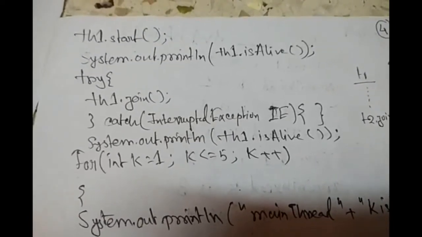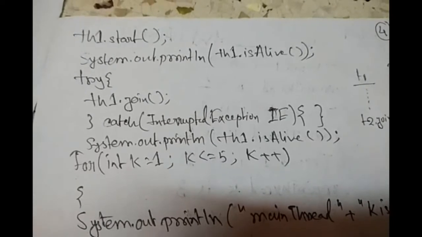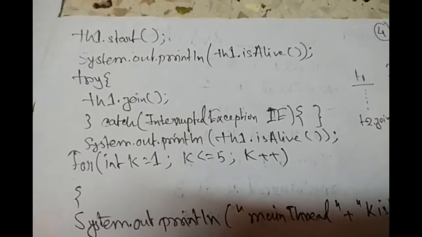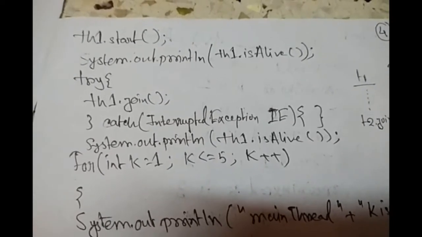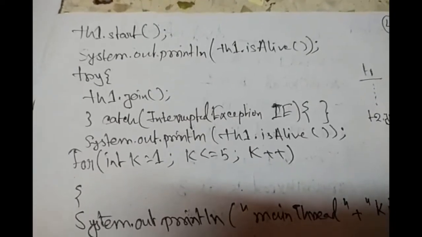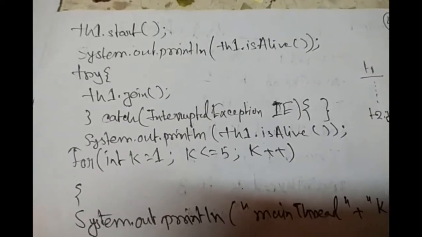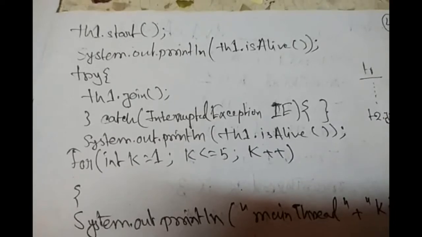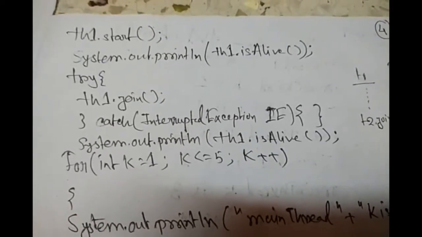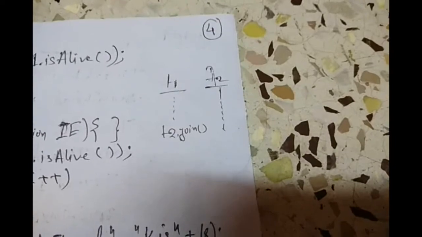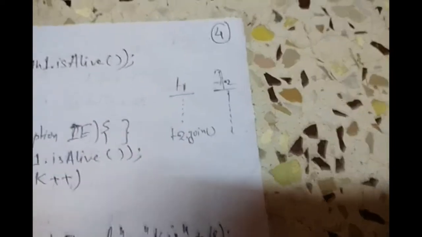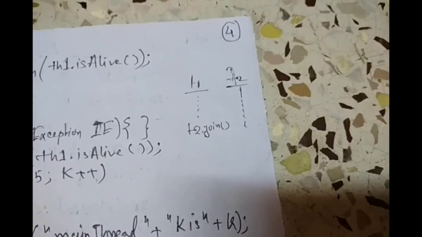So we write the join method in the try block and catch the particular exception that can be caused by any other event or thread on the thread that is calling the join method. It is very clear that we are writing T2.join in the T1 thread, so obviously we should write try in thread T1.